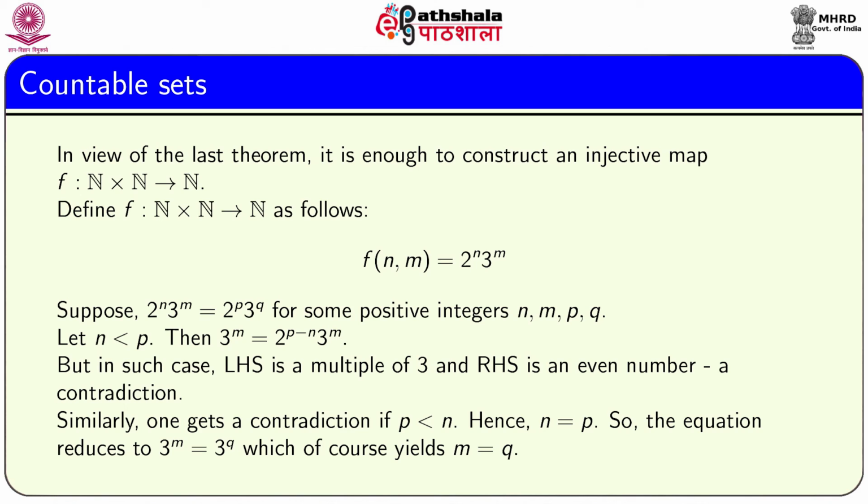Similarly, if we choose p to be less than n, then we get a contradiction. So, n must be equal to p, and therefore the equation reduces to 3 to the power m equal to 3 to the power q, and thereby we get m is equal to q.